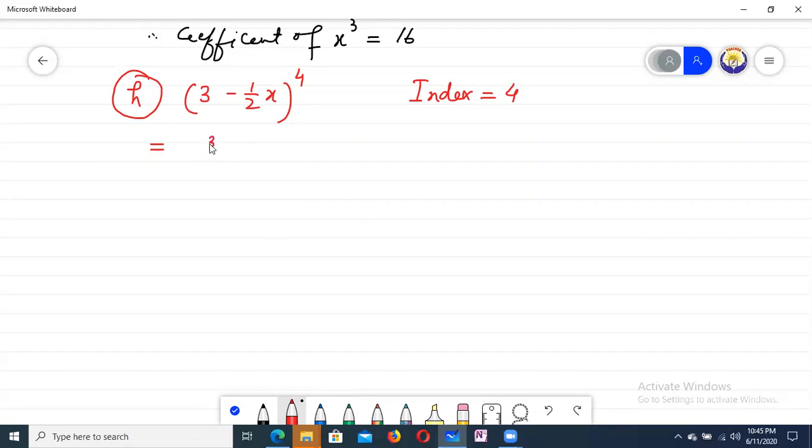That will be 3 into minus 1 divided by 2x.